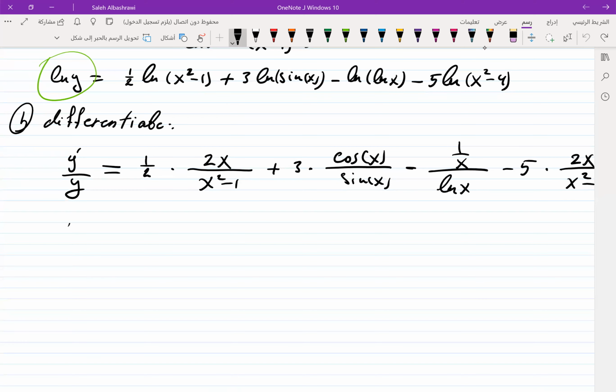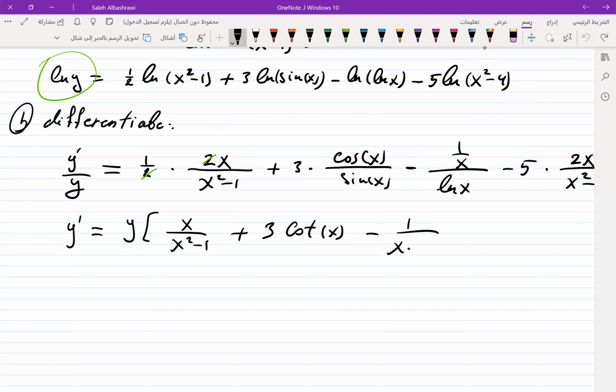So the derivative y prime is equal to y multiplied by, cancel this with this one, I will have x divided by x squared minus 1 plus 3 cosine over sine, it's cotangent, minus 1 over x multiplied by ln x minus 10x divided by x squared minus 4.